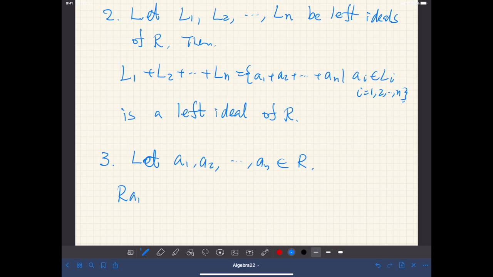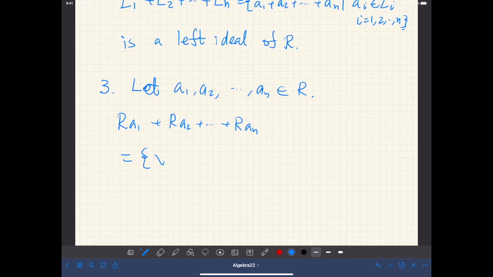Then Ra1 plus Ra2 plus Ran, defined as x1 a1 plus x2 a2 plus xn an, where xi is any element of R and ai is an element of R, i from 1 to n, is a left ideal.